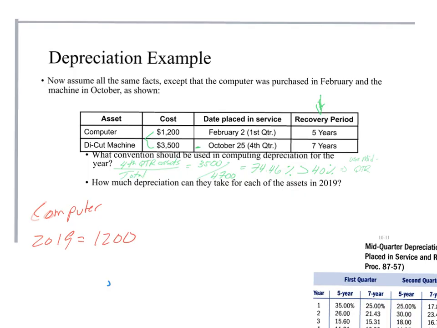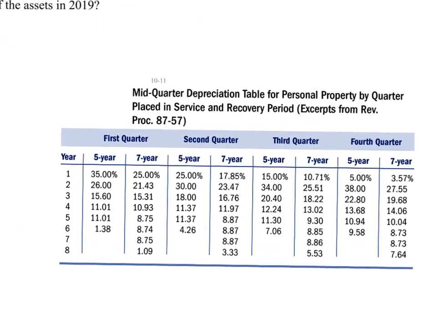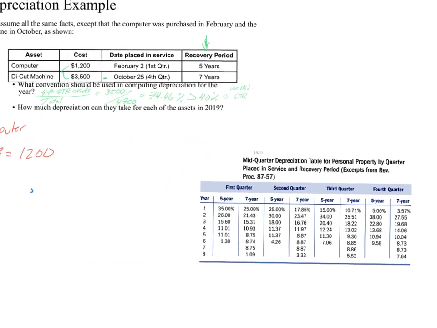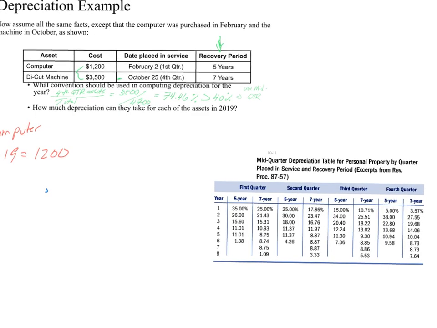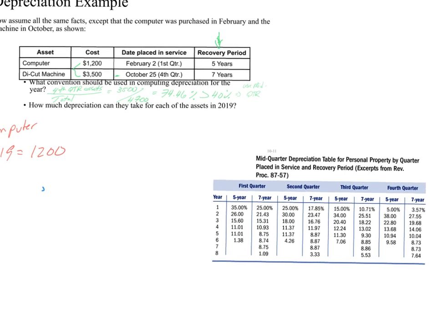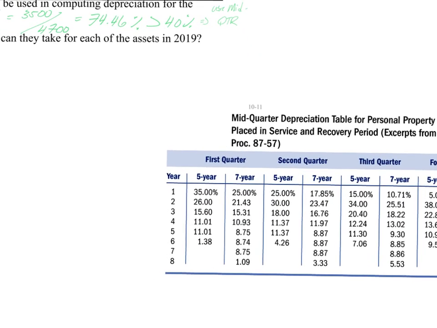All right, and now I've inserted the mid-quarter convention table, a piece of it in here, okay? And so now you have two things that you have to look at. You have to look at its recovery period, all right, and you have to look at the quarter that it was placed in service. So our computer was placed in service in February, all right, which is first quarter, and it's got a recovery period of 5 years.